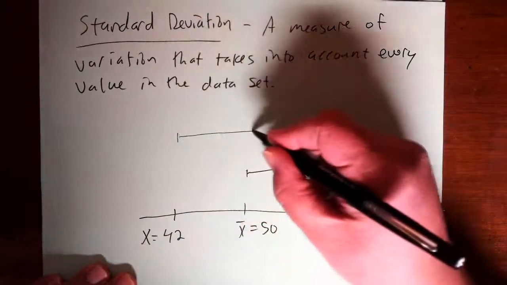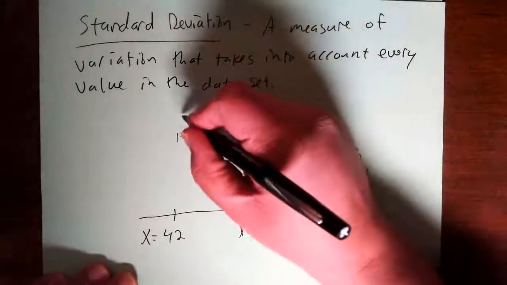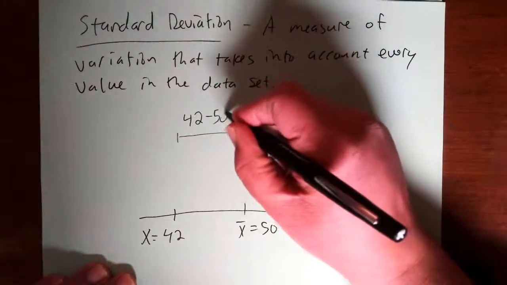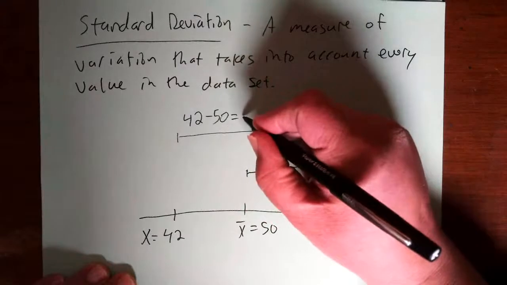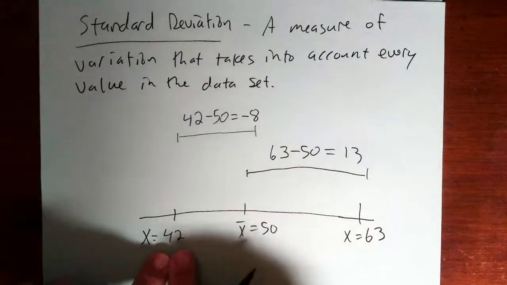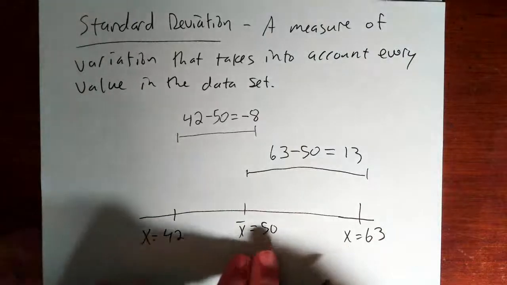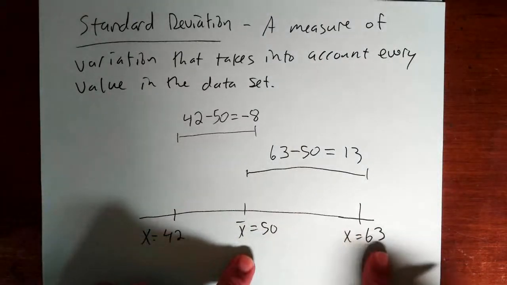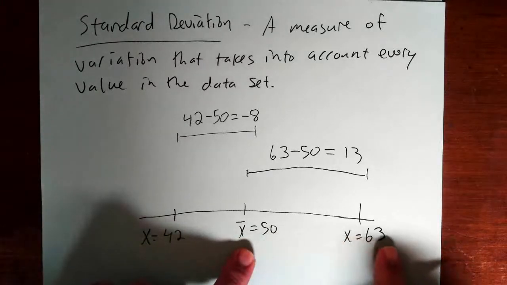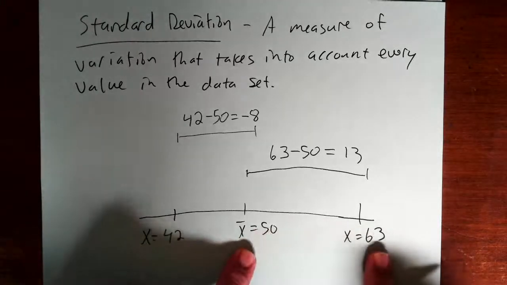Well, what about this one here? So the distance from here to here, again, I'll take the x value minus the mean, and what you see here is that you get a negative 8. So it's negative because the value is below the mean. In this case, it's positive because it's above the mean. So 42 is 8 below the mean. 63 is 13 above the mean.